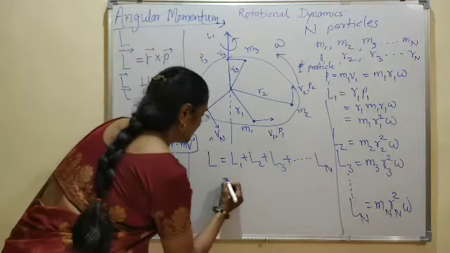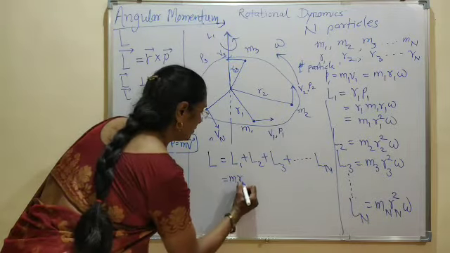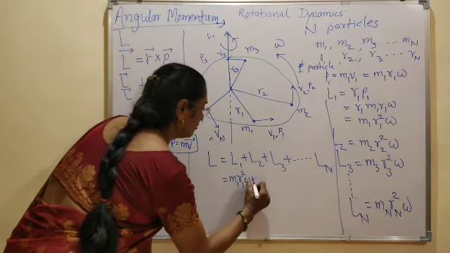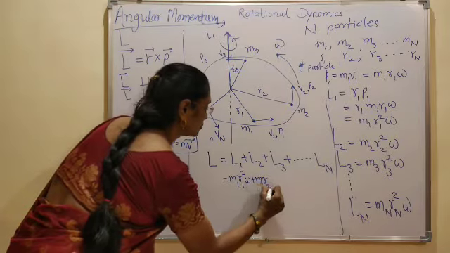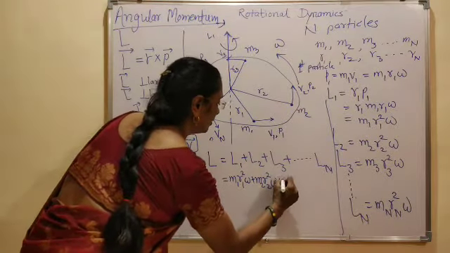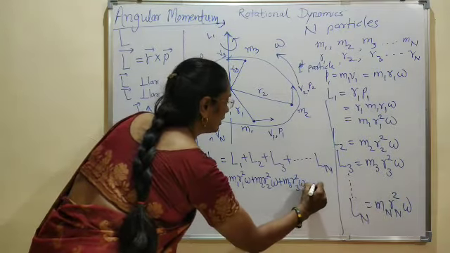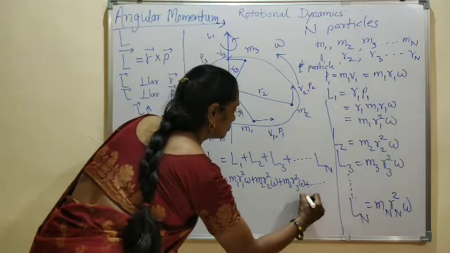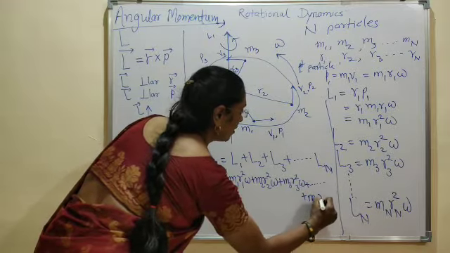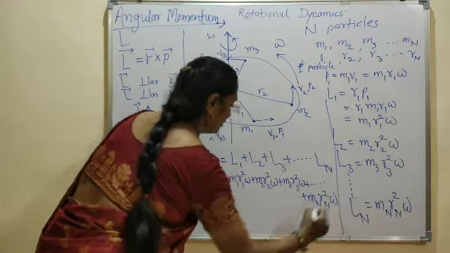Substitution gives us m1 r1 square omega plus m2 r2 square omega plus m3 r3 square omega, and this sum extends up to mn rn square omega.